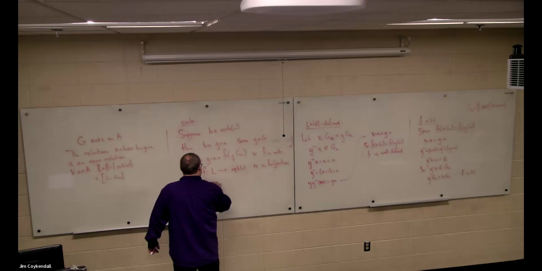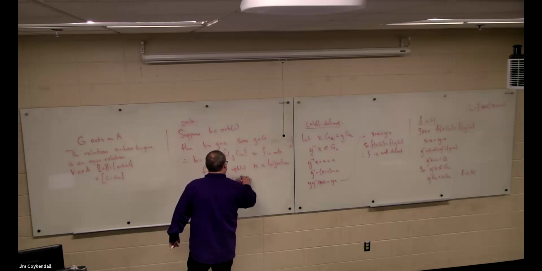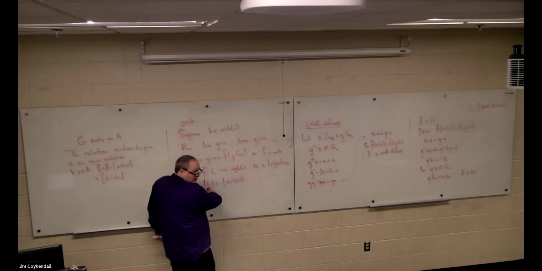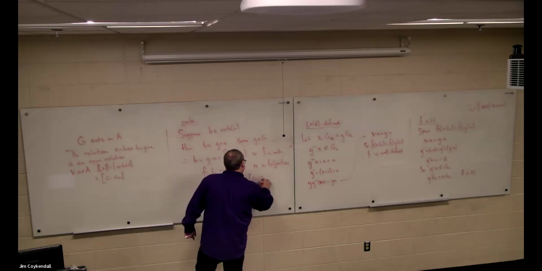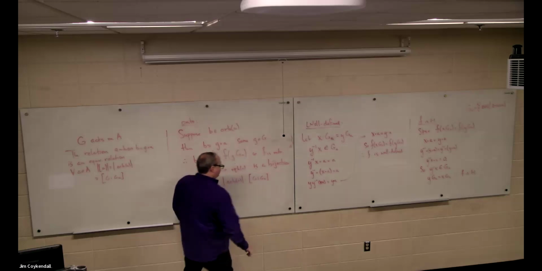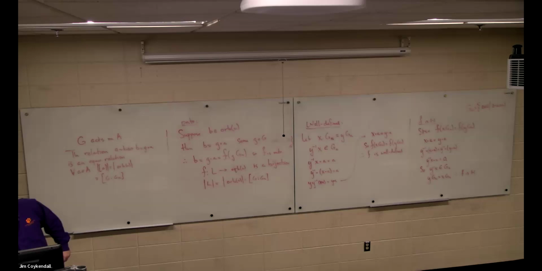So the cardinality of L is equal to the length of the orbit. But the number of left cosets is the index. And there you have it. Okay. Any questions on this?